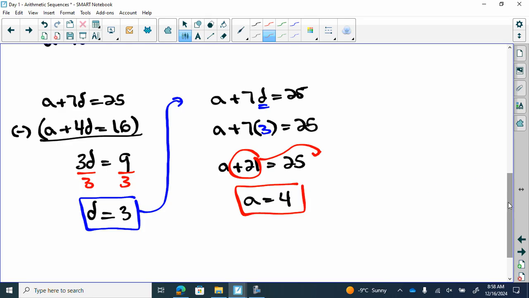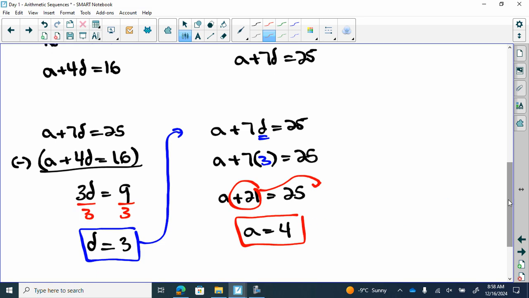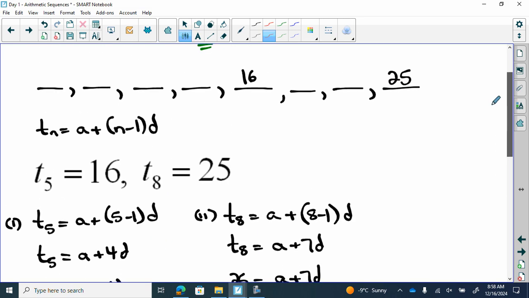So let's think about that. Let's see if this works. If A is 4, where does that go in these blanks? At the very first. A represents T1, the first term. The common difference is 3, means you're adding 3 to each term.